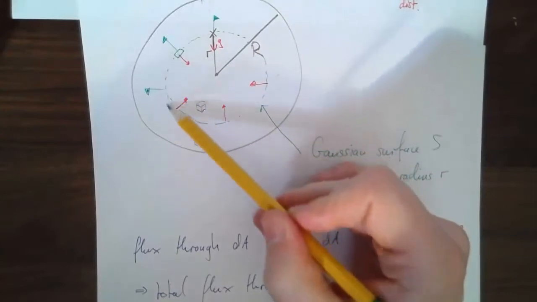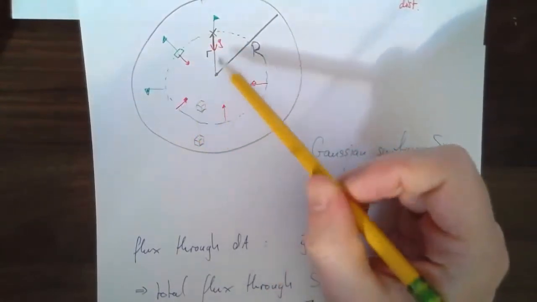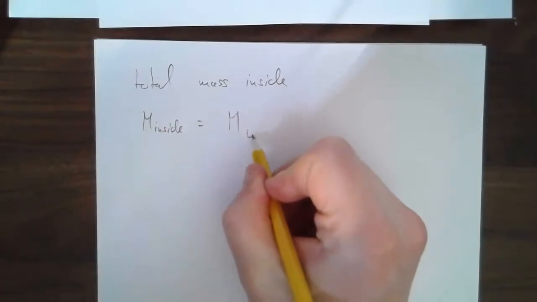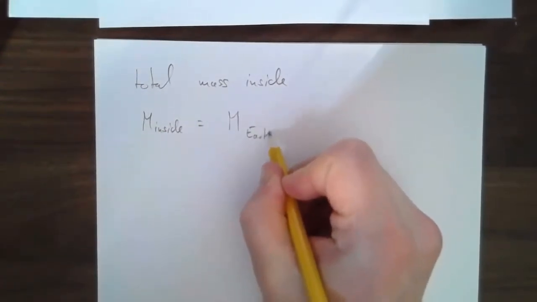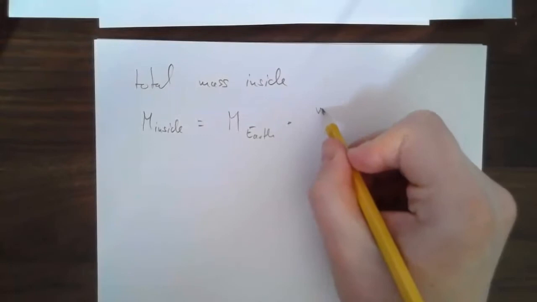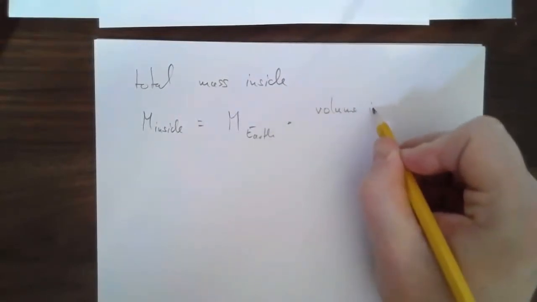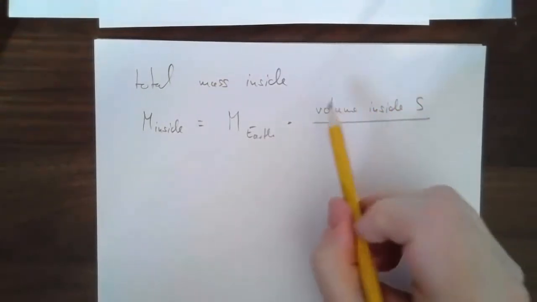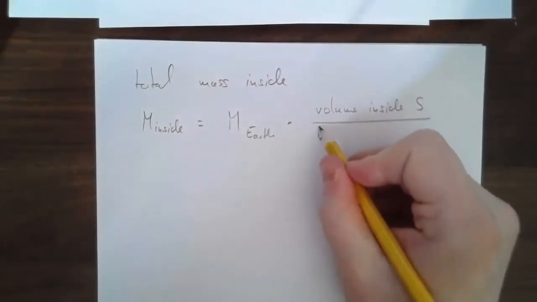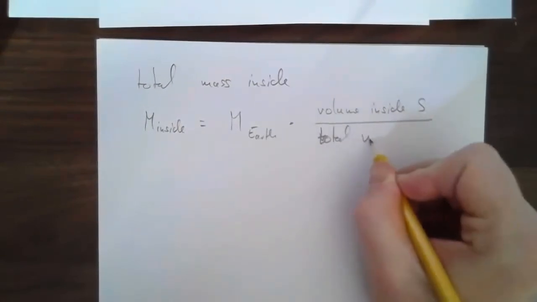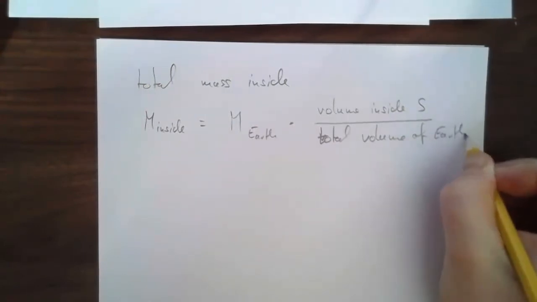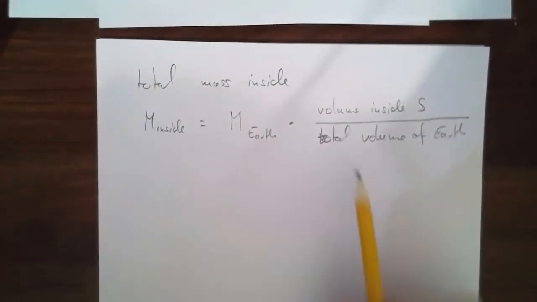If 1/8 of the Earth's volume is inside that sphere, then 1/8 of the Earth's mass is inside that sphere. So M inside is the mass of the Earth times the fraction of the volume inside S over the total volume of the Earth. Hope that makes sense to you.